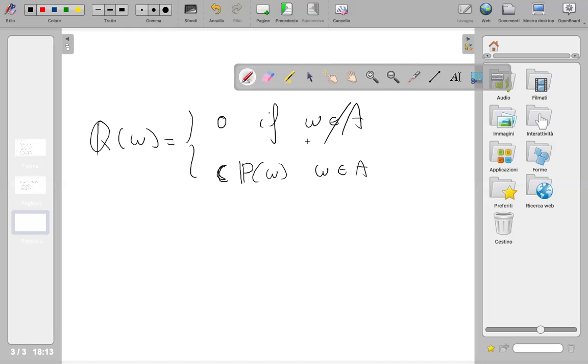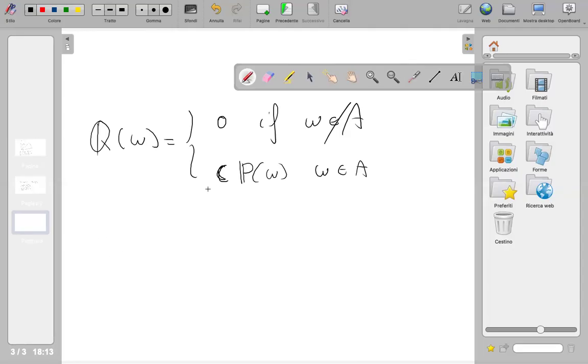So does it make sense? It's the only way in which you should define it. Why? Because you keep the proportions given by P, and you're simply setting to 0 outside A. And basically, you have only these two pieces of information that I gave to you. So it's the only reasonable way to define it.